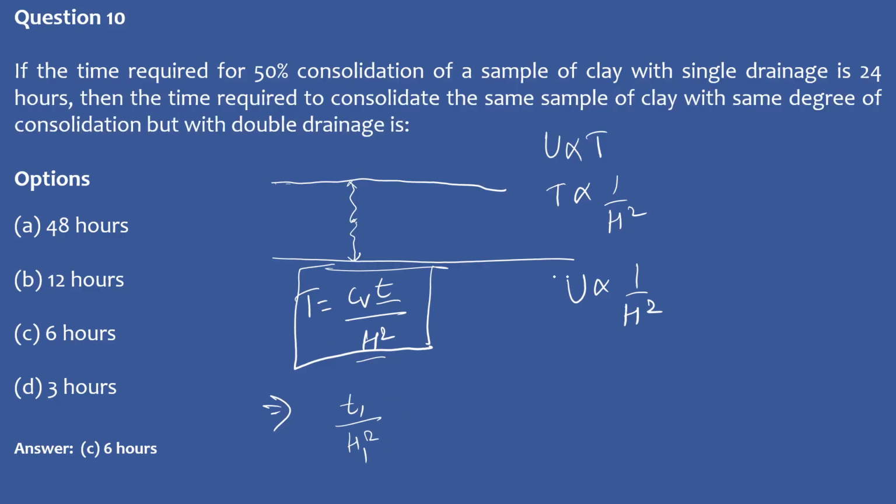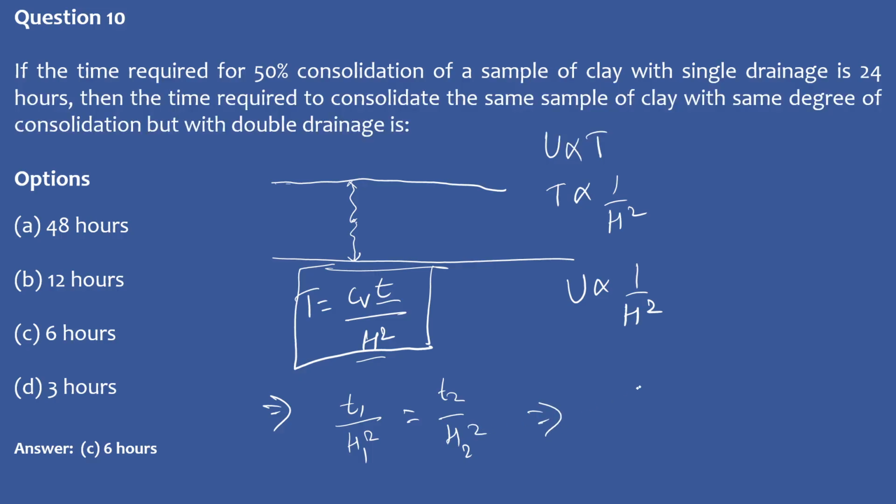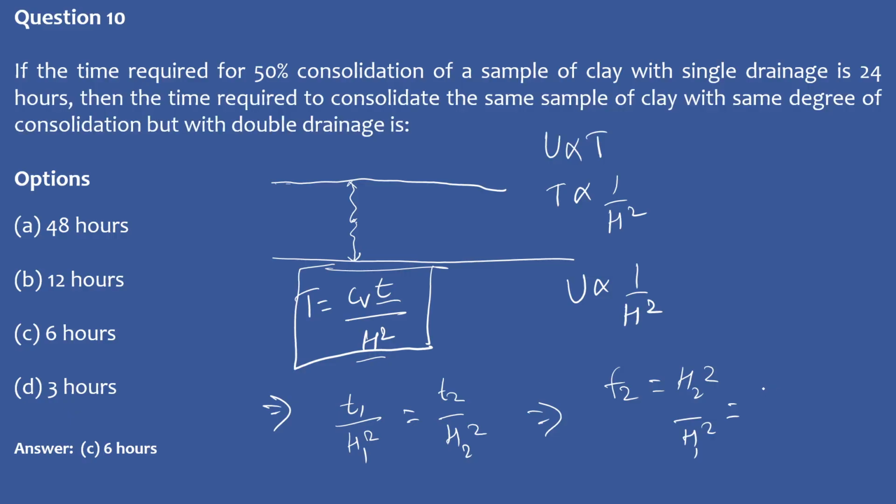Your U is the same, so the time constant will also be the same. So t2 by h2 square, right? We need to calculate t2 in terms of h2 square by h1 square, multiplied by t1.